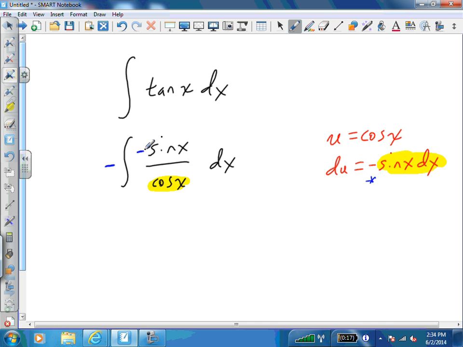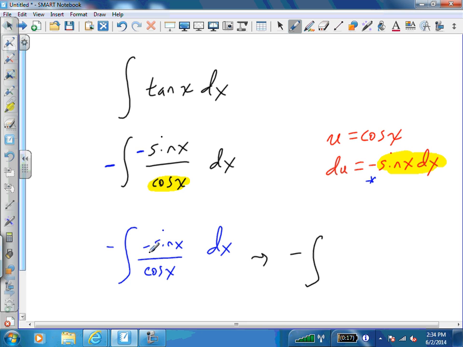If I put a negative out front, that essentially undoes each other, so I have the pieces I need. So I have a negative out front, negative sine x dx on top, cosine x on bottom, which in terms of u, negative sine x dx, that's du, over cosine, which is u.